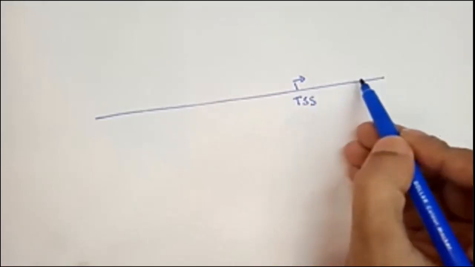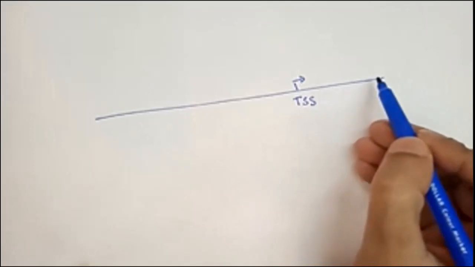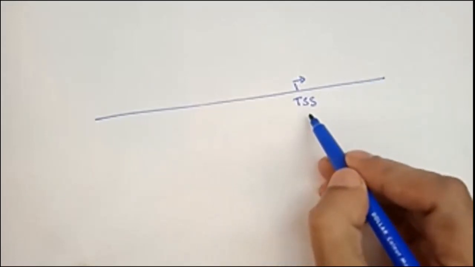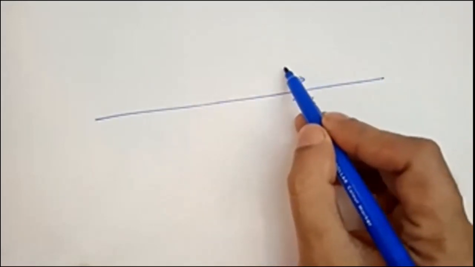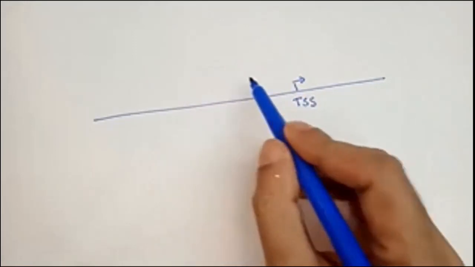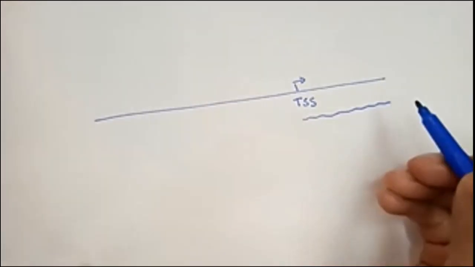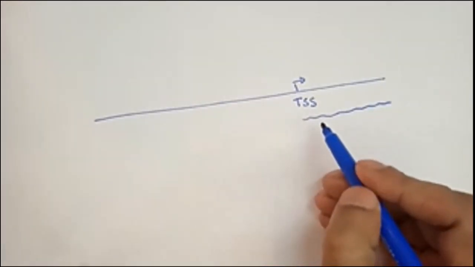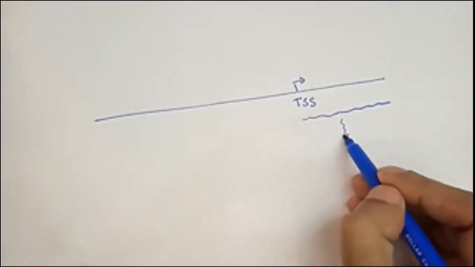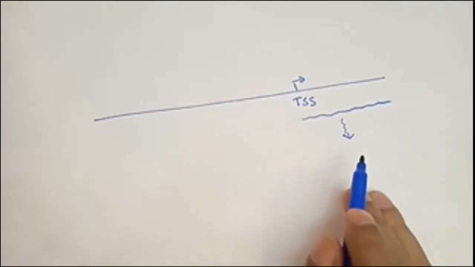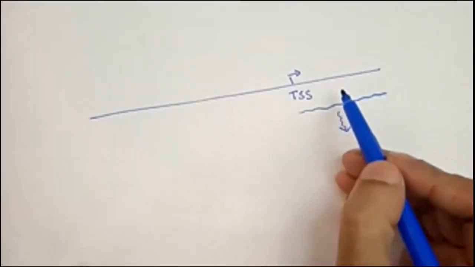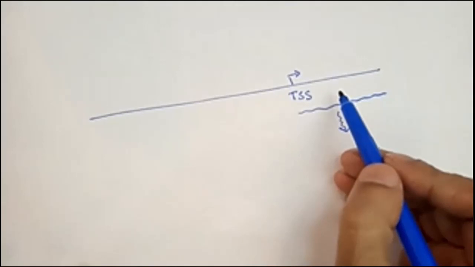Whatever comes after that is part of the gene. And you all know that RNA pol 2 binds here along with the transcription factors, and then it produces what we call messenger RNA. That messenger RNA will eventually end up as protein. That's the old story. I am not going to spend time on that.